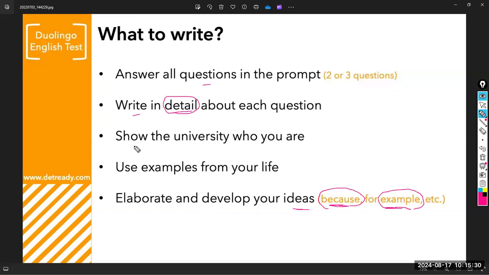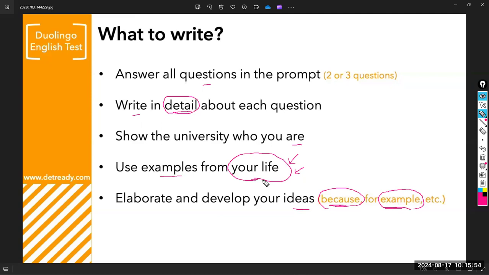ideas. So show the university who you are, that you are proficient in using English, and use examples from your real life. This is the best way for writing examples. Again, the best examples I can write are from my personal experience, my personal life, my daily life.